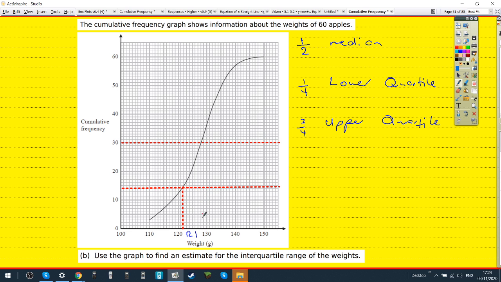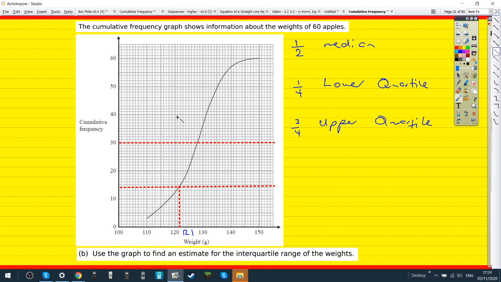Looks like the median's about 128 or something. What is 3/4 of 60? That is 1/4 times 3, so that would be 45.